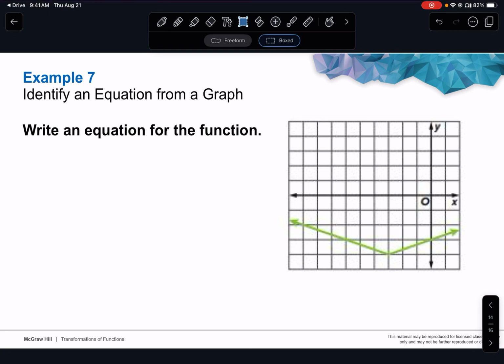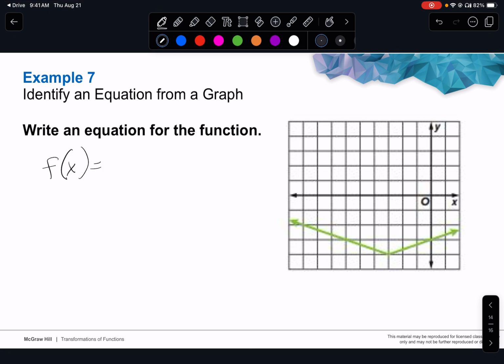Okay, now this one, we don't have an equation for us, so we have to use the graph to figure that out, okay? So first of all, the first thing you want to notice is that we're not on the origin, right? So we're going to have an h value, we're going to have a k value, okay? We also need to notice right away that this is an absolute value function. So we're going to start out with f of x equals.